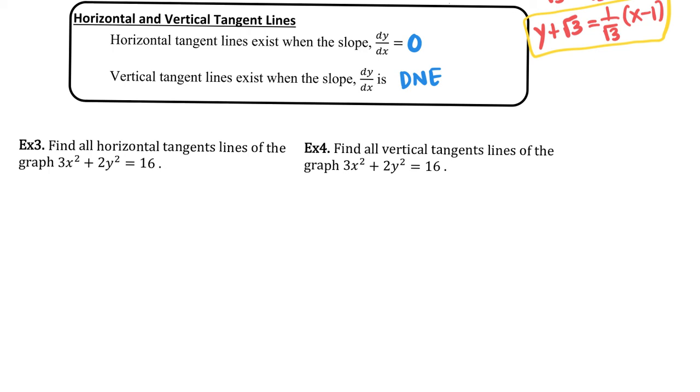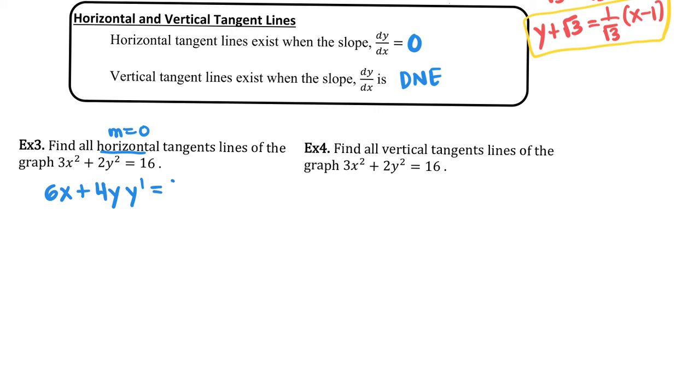If it's horizontal tangent, remember I want the slope to equal 0. Okay, so I'm going to go ahead and find the derivative, and then I will set it equal to 0. And then see, should we graph it? I don't know, we'll see. Okay, the derivative of 3x squared is 6x plus 2y, 4y, and since it has to do with y, I'm going to use dy/dx or y prime.